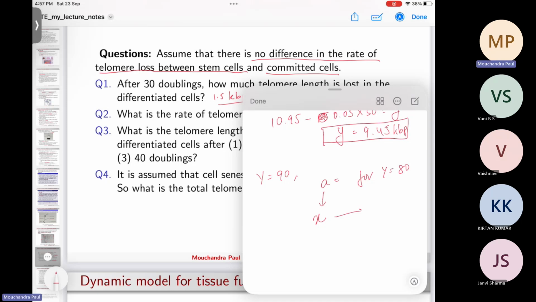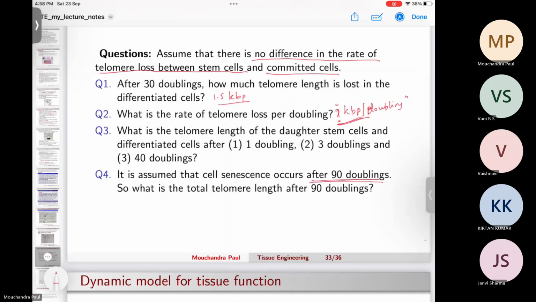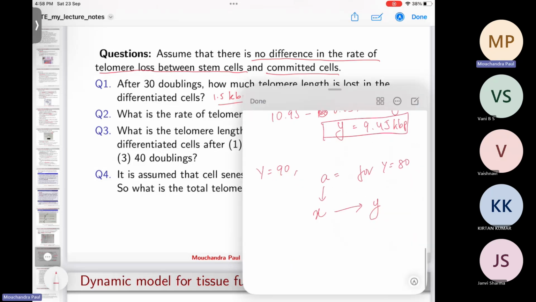From that you can get the value of y, the telomere length of the differentiated cells. If you get the values of A, x and y and write them in the same columns as in the question above, then the answer will be y only.